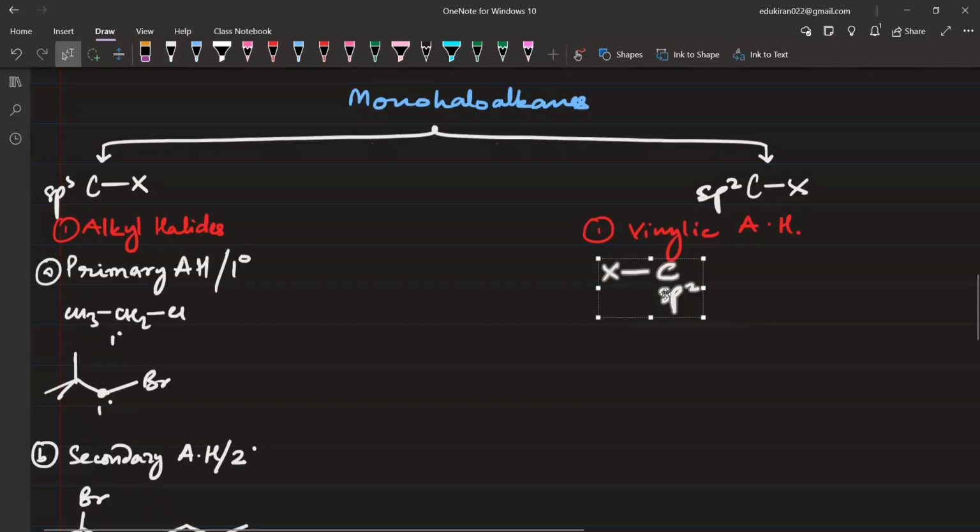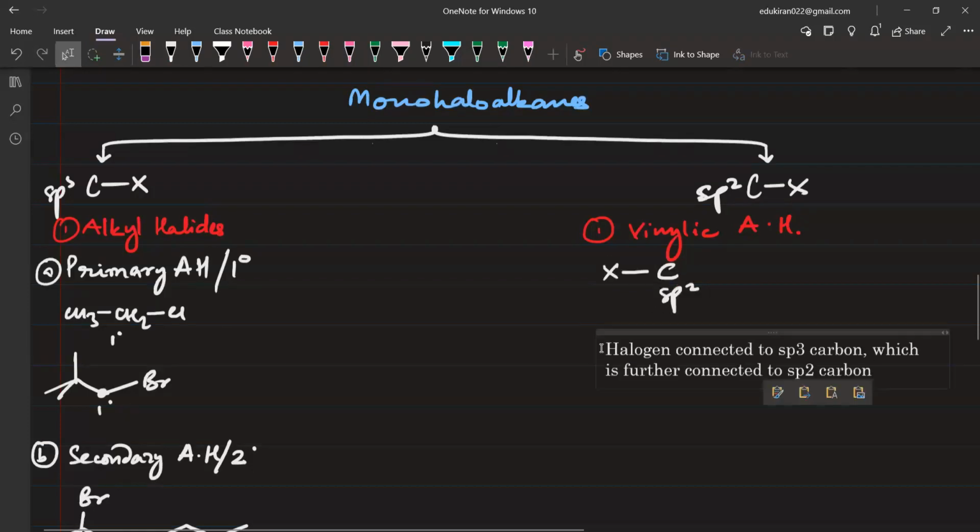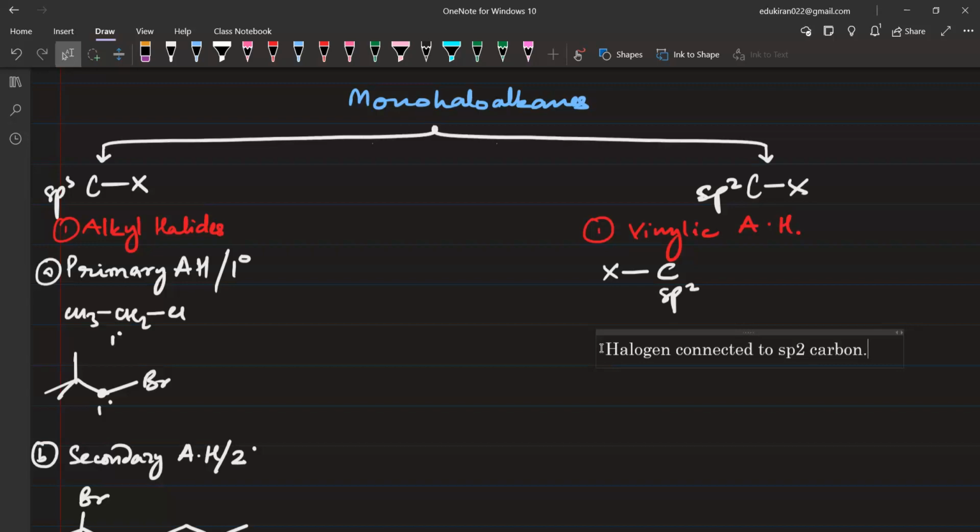So this is a vinylic carbon directly connected to what? Directly connected to. So लिख देते हैं. Then we will write example. Connected to sp2 carbon. बस और कुछ आपको देखना है. ठीक है. एग्जाम्पल, एक एग्जाम्पल ये हो गया आपके पास कि you have halogen like this.